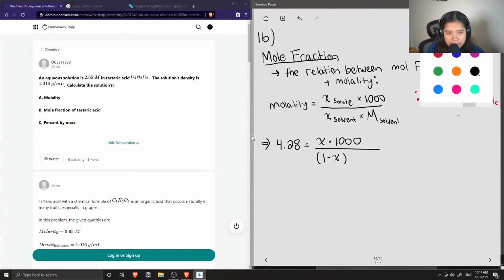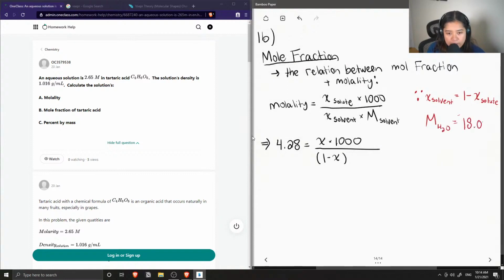So the molar mass of our solvent is water. The molar mass of water is equal to 18.02 grams per mole. So then we just plug that in as well, 18.02. And now we just need to solve for x.